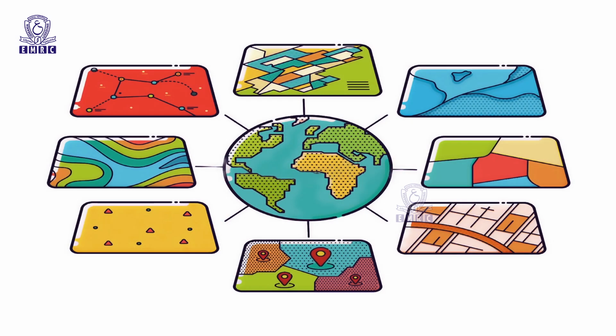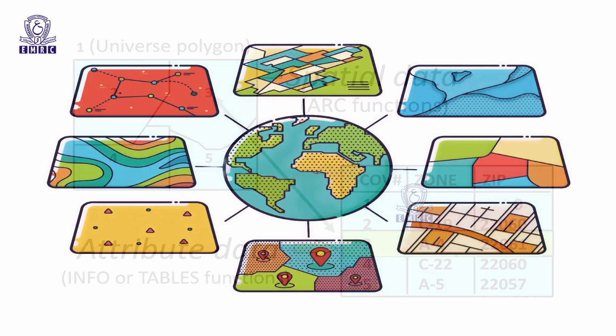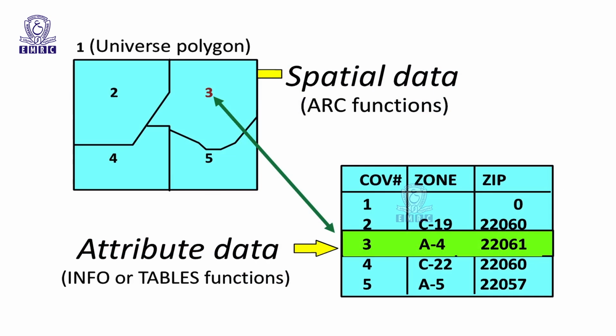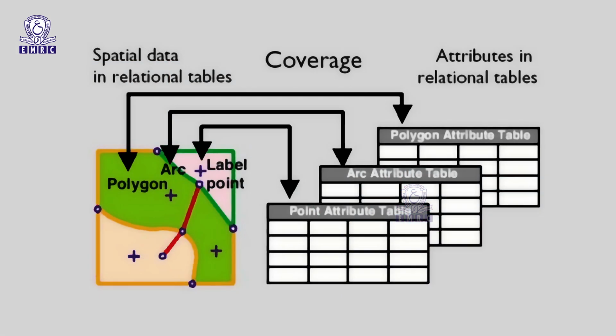GIS involves both spatial data and attribute data. Spatial data relates to the geometry of the spatial features, and attribute data describes the characteristics of the spatial features. The difference between the spatial and attribute data is well defined with discrete features such as the tigris, that is, the line feature.